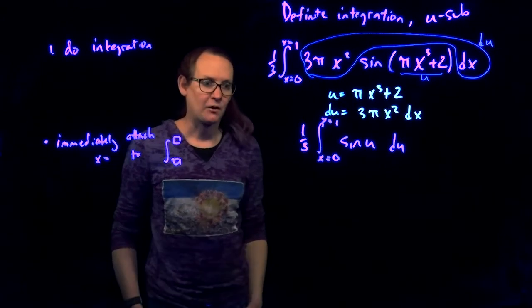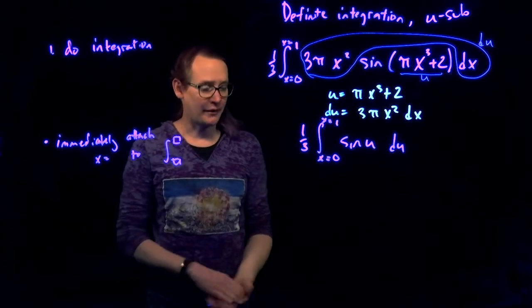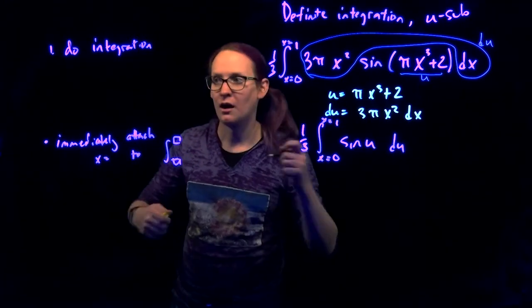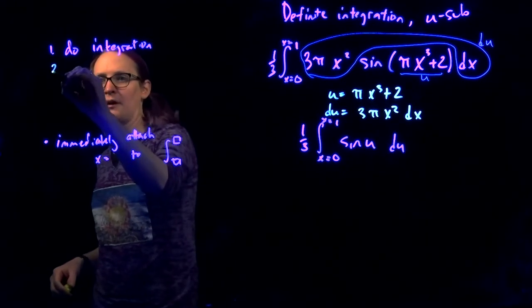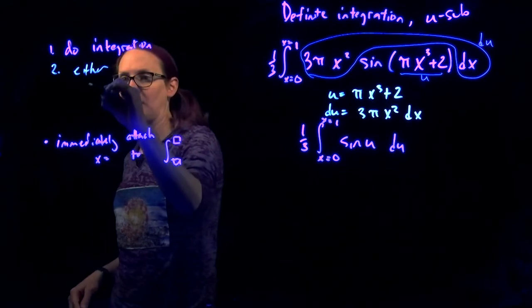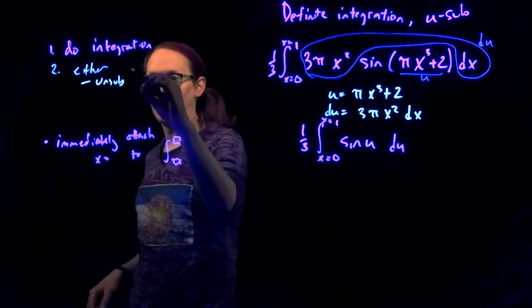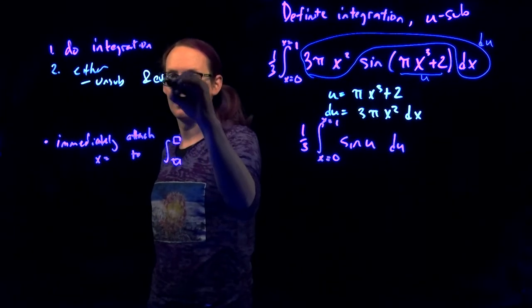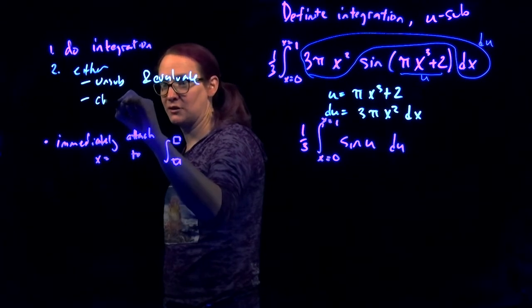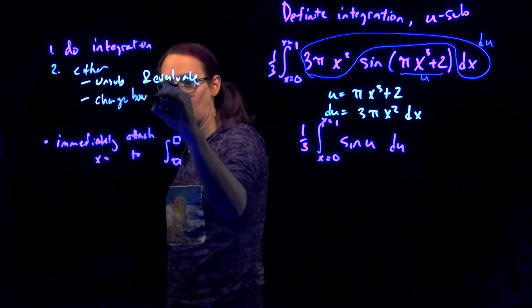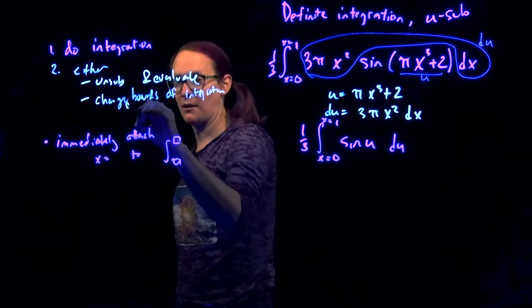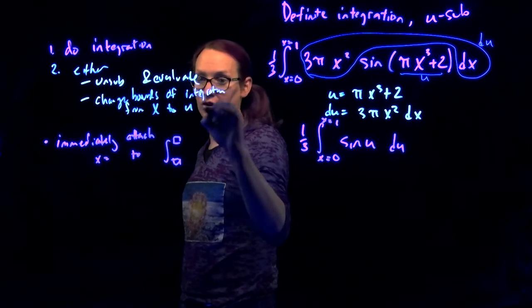Okay. So we have a couple of options at this point. As a next step, we need to either unsub back to x and evaluate, or we need to change the bounds of integration from x to u.